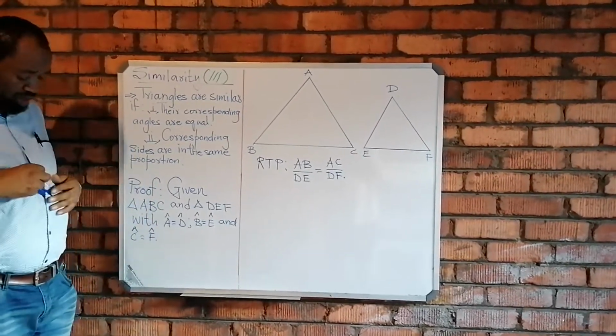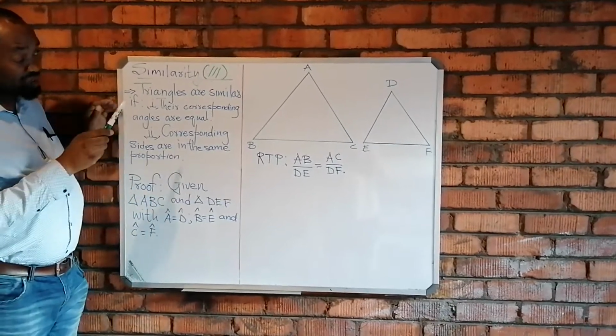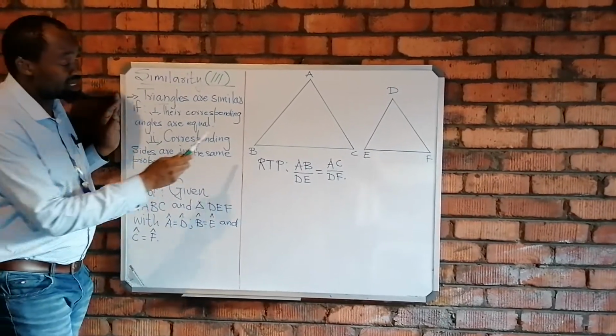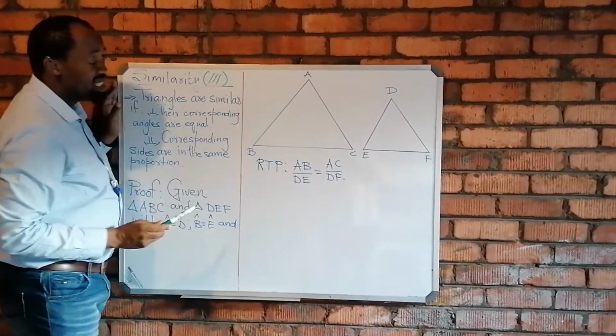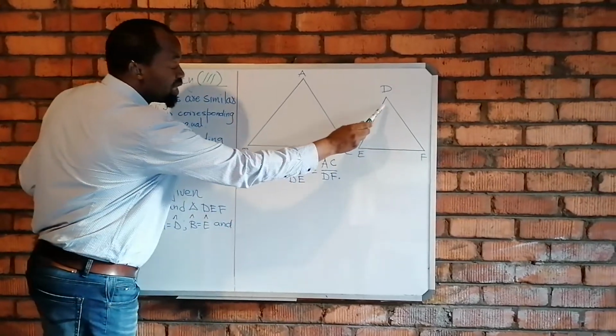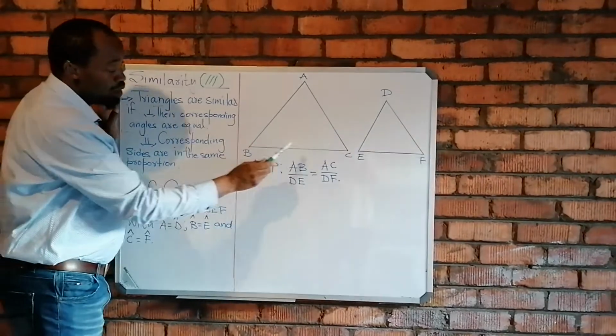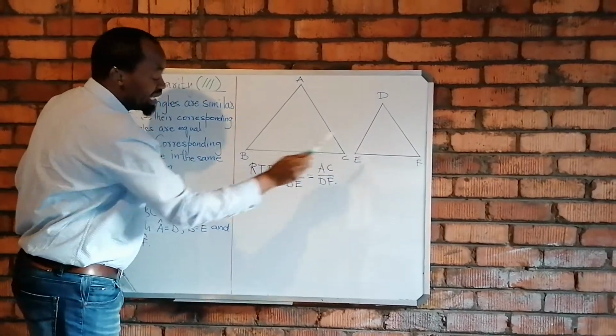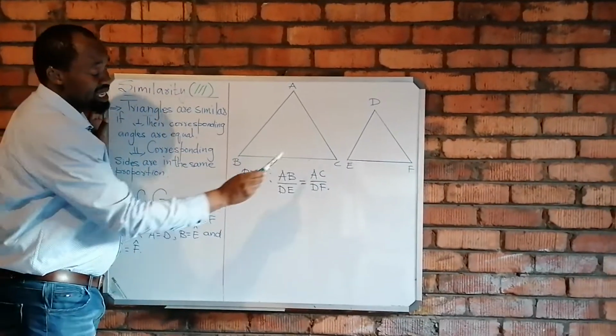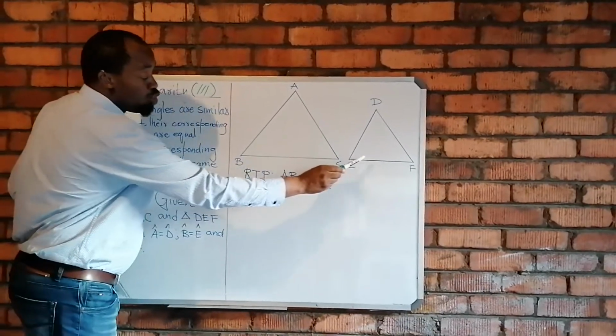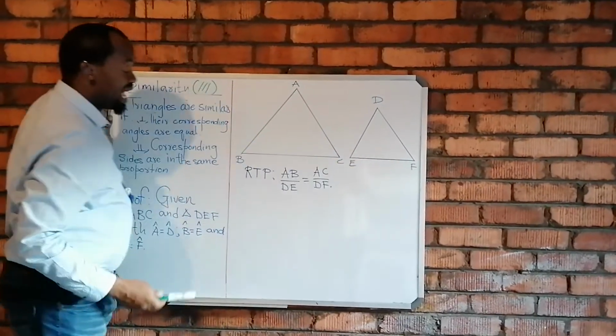By corresponding angles, let me refer you to those two triangles. Angle A corresponds with angle D. Angle B corresponds with angle E. And angle C corresponds with angle F.